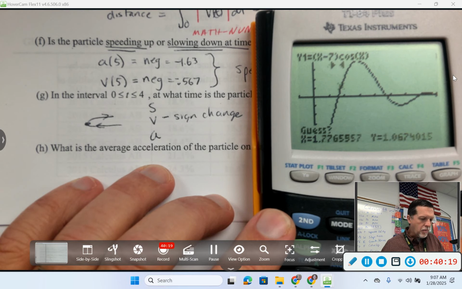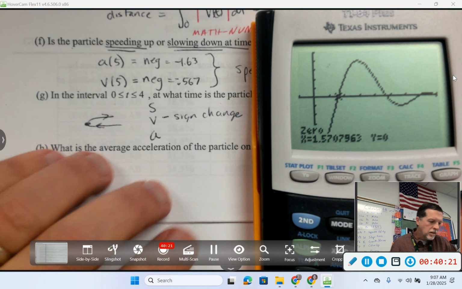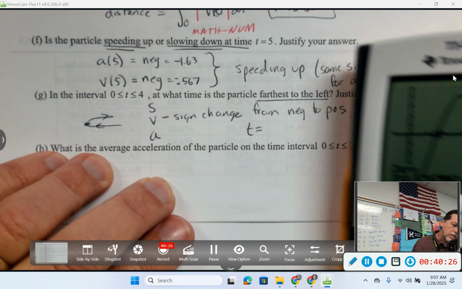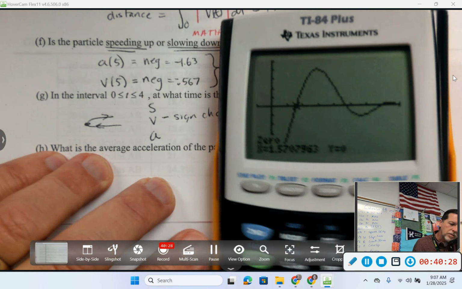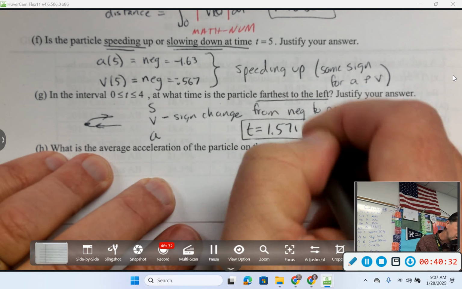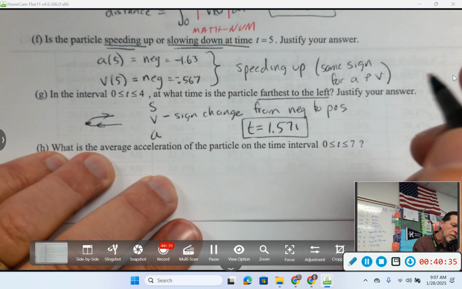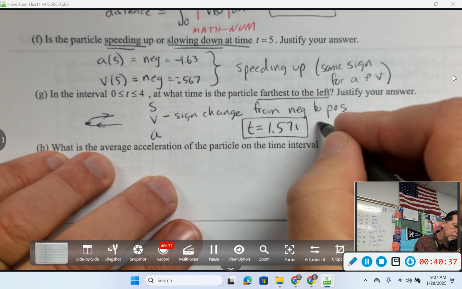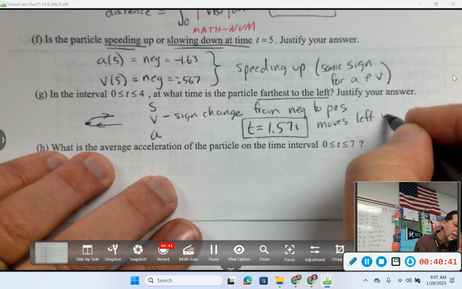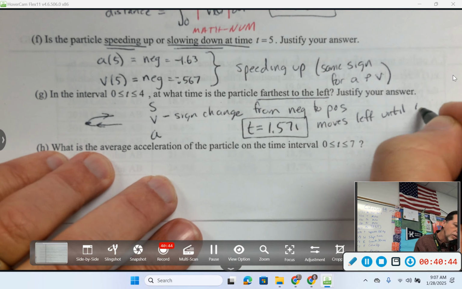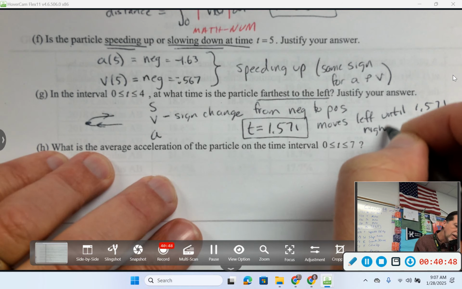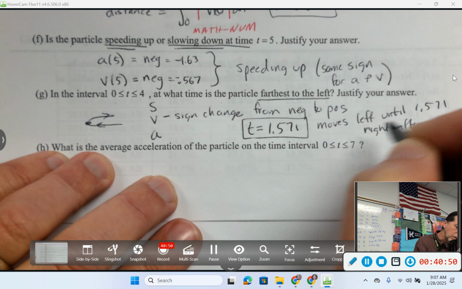Left bound, right bound, yes. So time equals 1.571. Yeah, we had already found that. Justify your answer. I would say it moves left until 1.571 and moves right after 1.571.